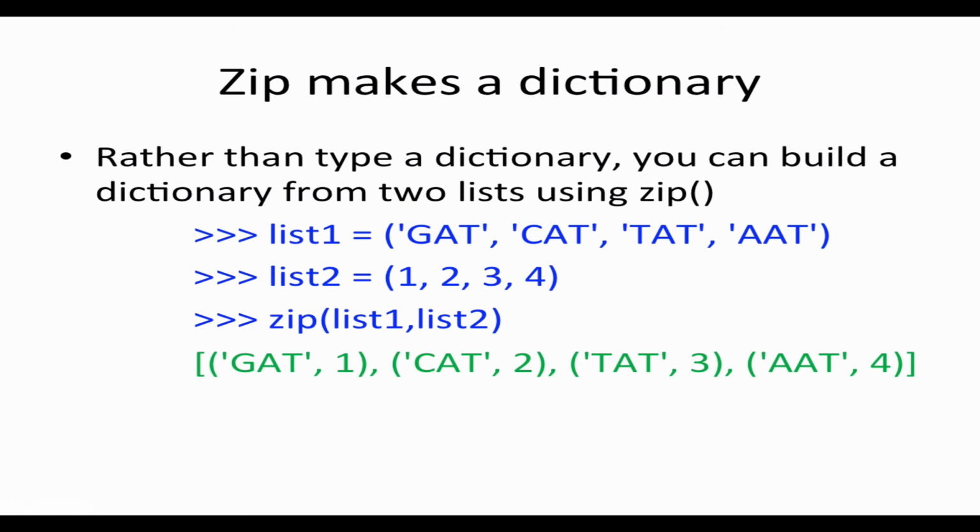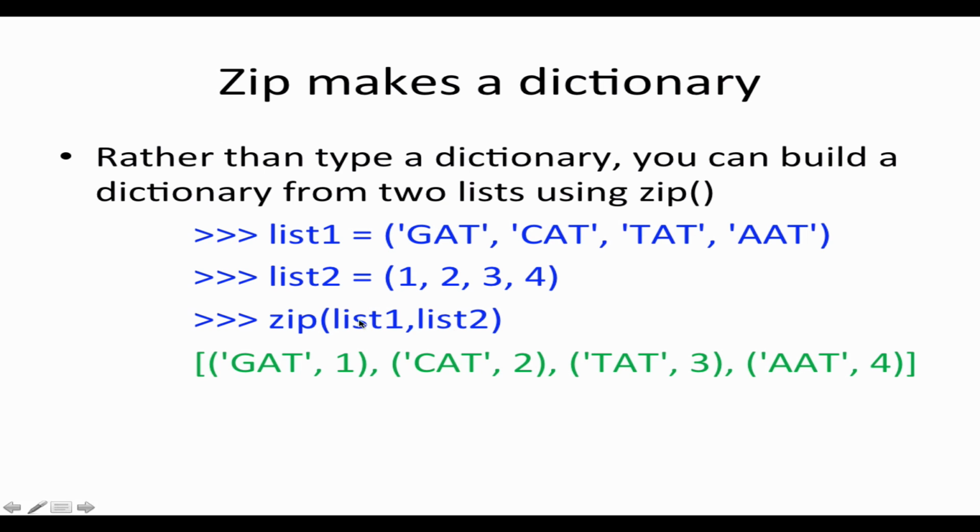There's a function called zip that is an easier way to make a dictionary. So if you have 2 lists, you can say one of my lists is going to be the keys and the other list is going to be the values. I'm going to zip them together, and zip automatically creates a dictionary.